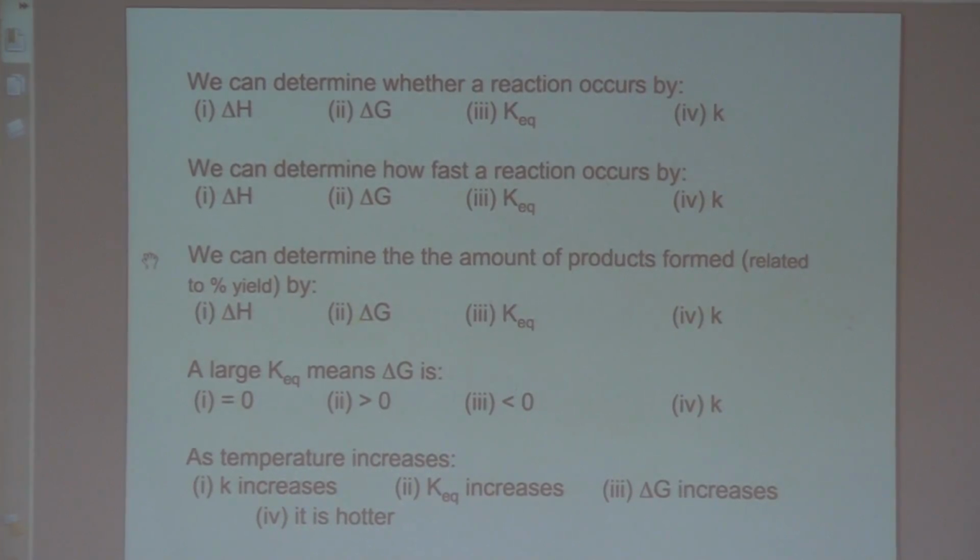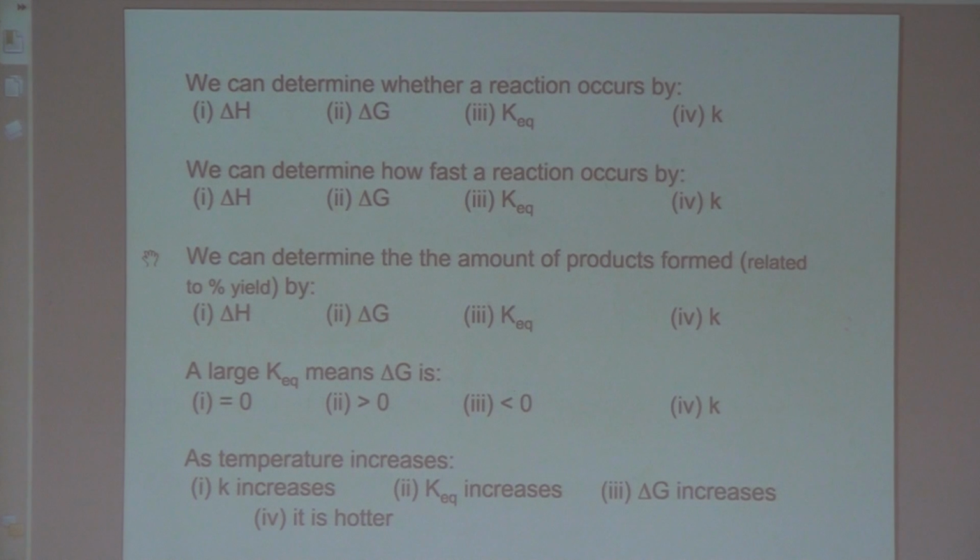How are you guys doing on the third question? We can determine the amount of products formed by looking at, who says it's 1? Delta H. What about number 2? Yeah, it's by looking at that formula.